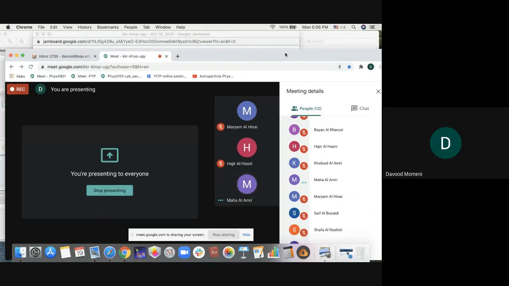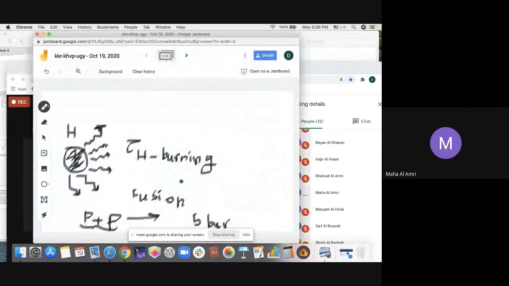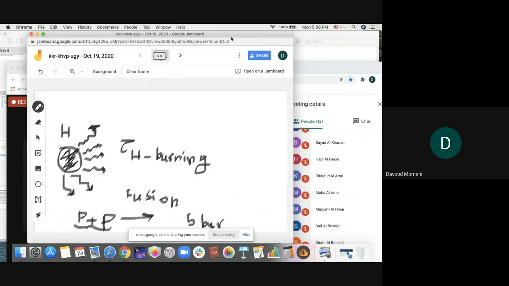It was about burning hydrogen and how we calculate lifetime. So we talked about the time which one star needs to leave the main sequence and become a red giant. And it involved a lot of considerations and assumptions, actually.